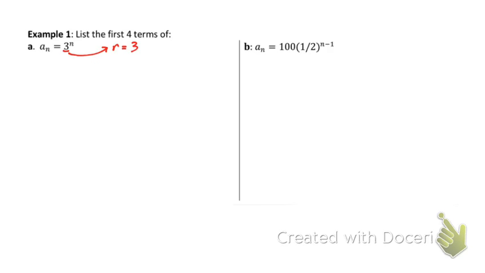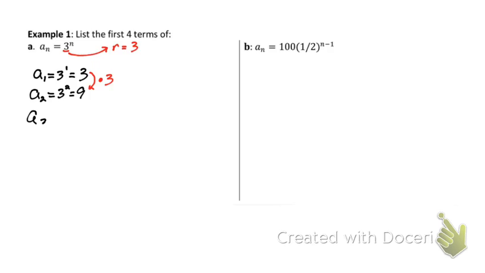So let's do the first 4 terms looking at that. My first term would be 3 to the first, which equals 3. My second term would be 3 squared, which is 9. Well, so far that's holding up because this was just times 3.